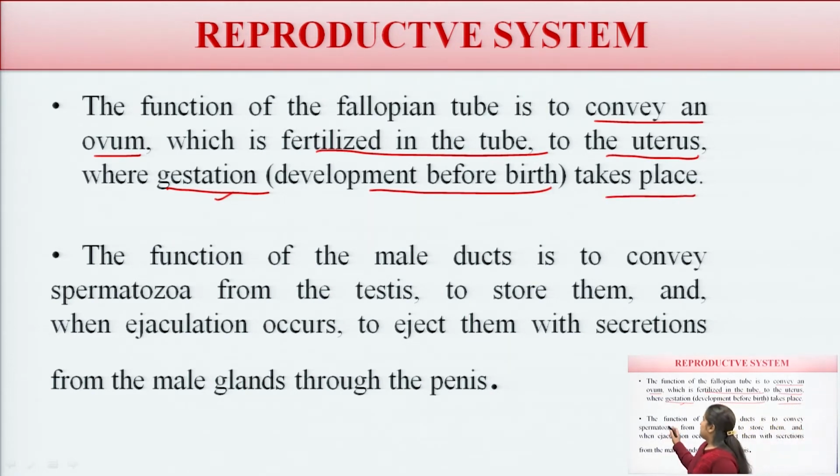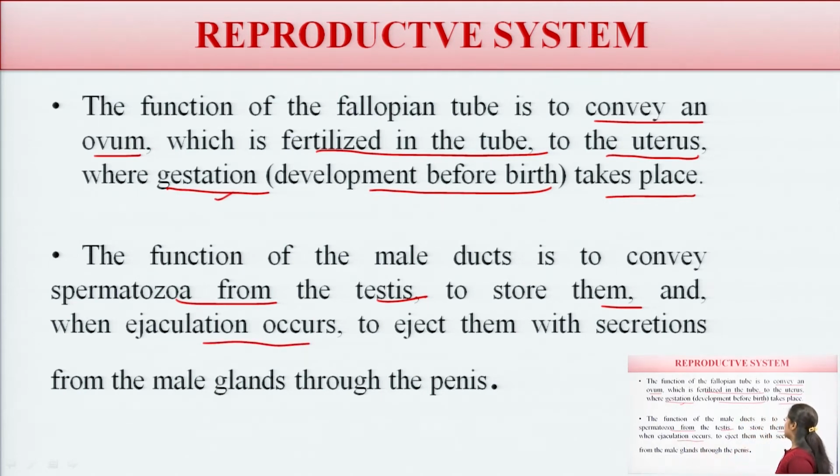The function of the male duct is to convey the spermatozoa from the testis and store them, and when ejaculation occurs, to eject them with the secretions of the male glands through the penis.